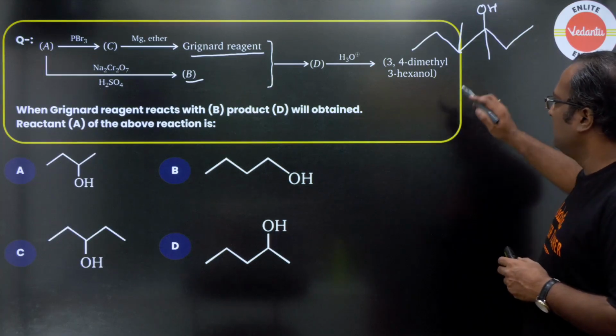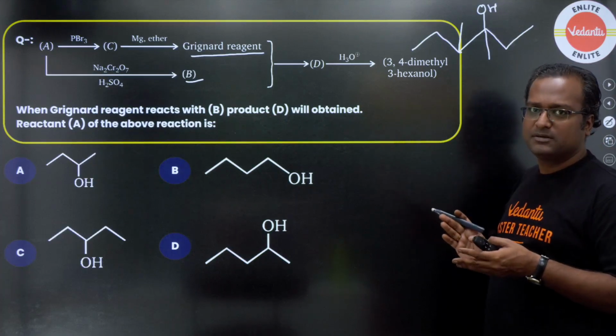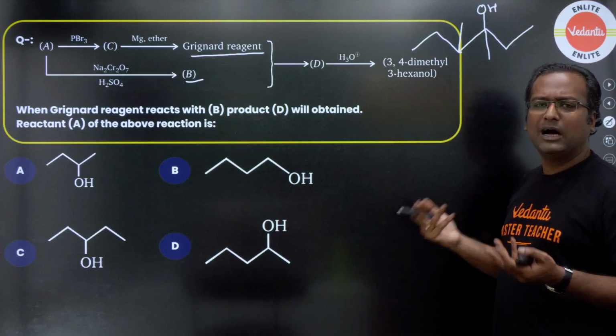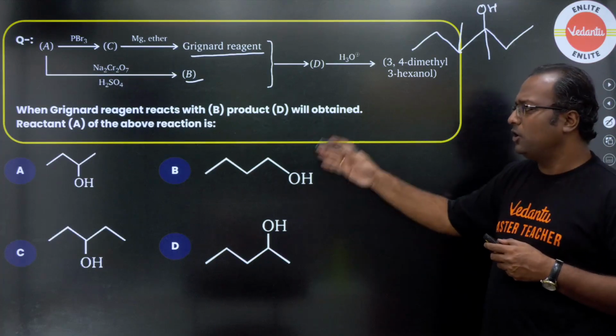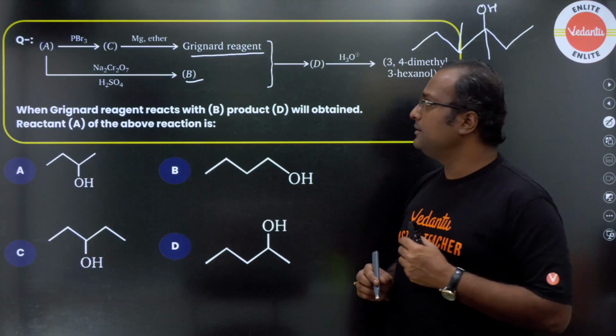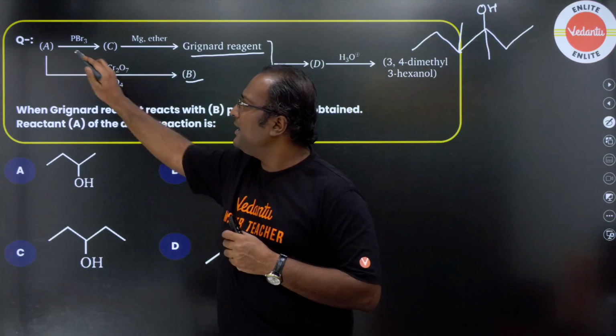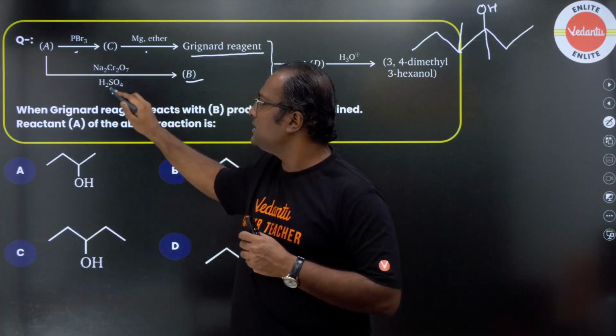Cool. Now, from a very basic idea, how to approach these questions. Lots of unknown. How do I start with each and every option? It will take a lot of time. Carbon counting method. If you notice, we are not adding any carbons in these three steps.